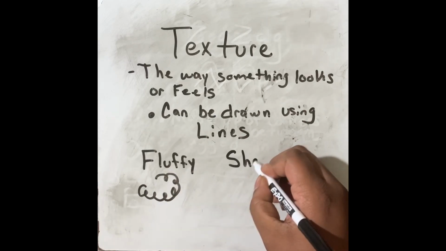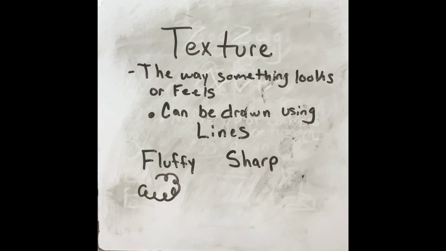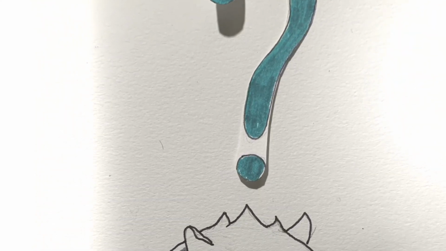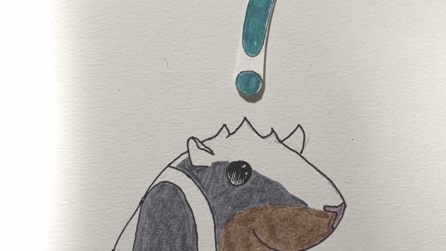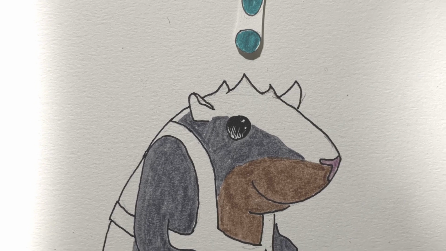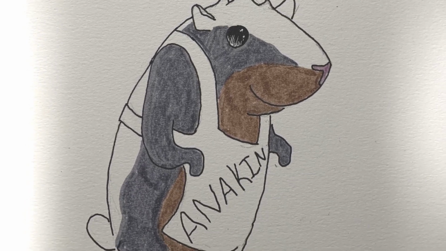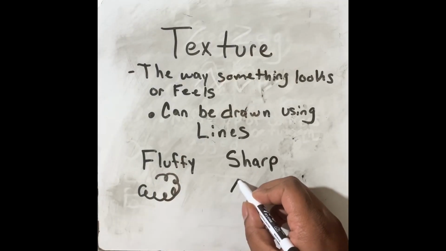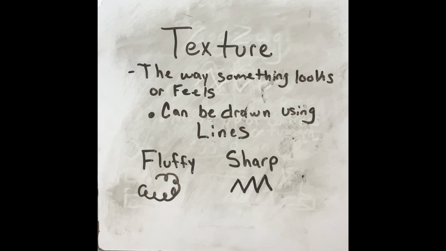Another example of texture is sharp. What lines might I use to make something sharp? If you said zigzag, then you are correct.